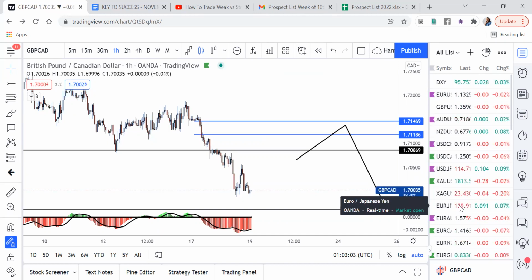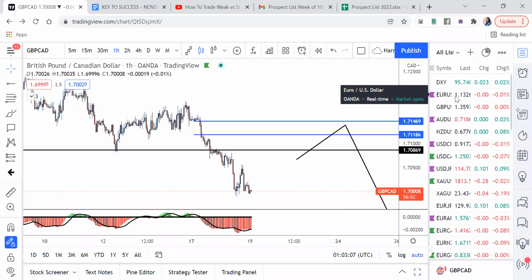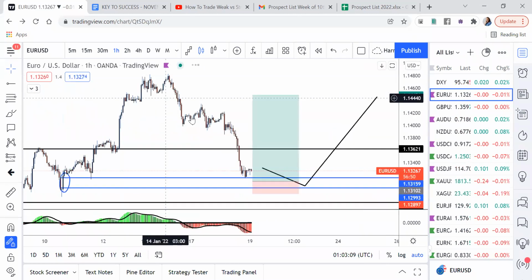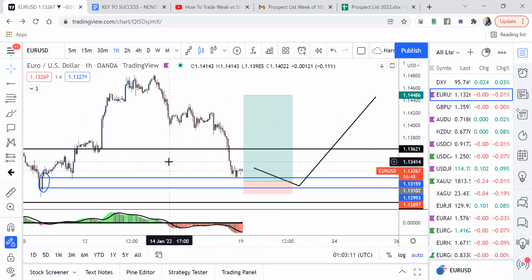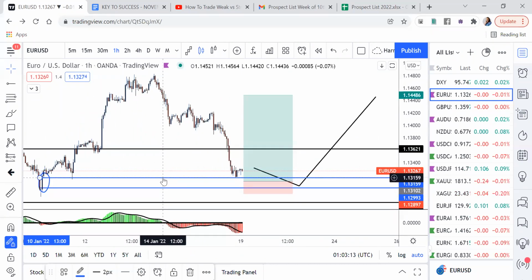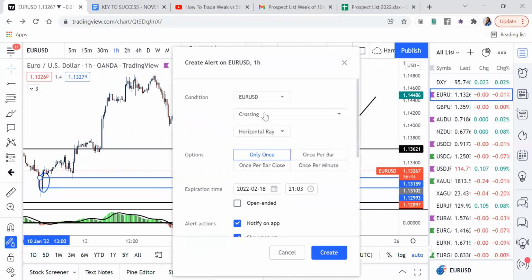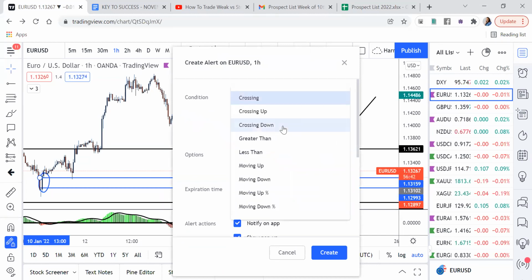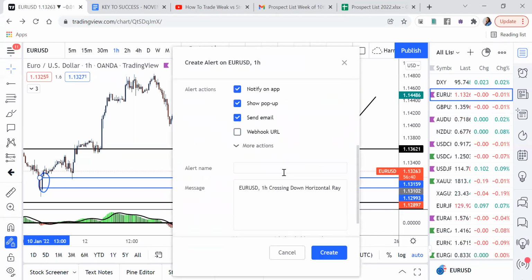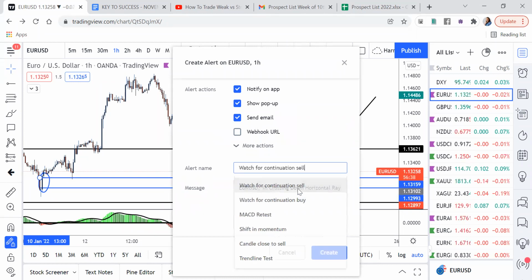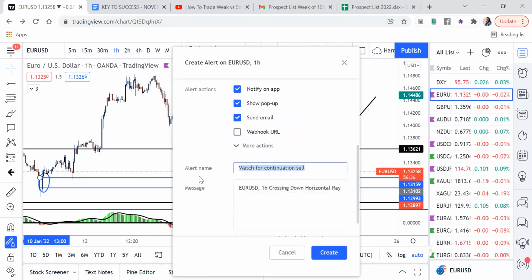So my advice is to set some alerts, right? Set some alerts. So alerts, come to the horizontal ray, set an alert, because this is what I tend to do. Because let's watch for continuation buy.